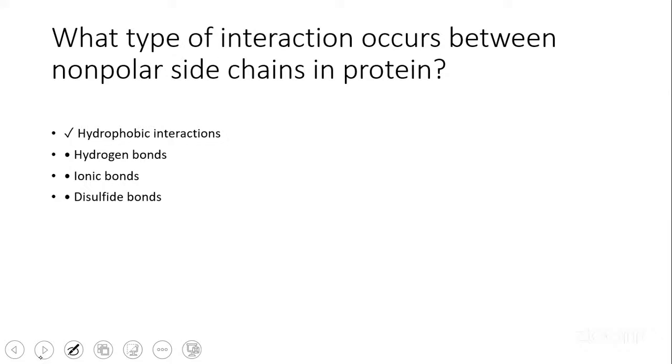So what type of interaction occurs between non-polar side chains in proteins? When you say between non-polar, that non-polar is already making them hydrophobic. So the answer is hydrophobic interaction.